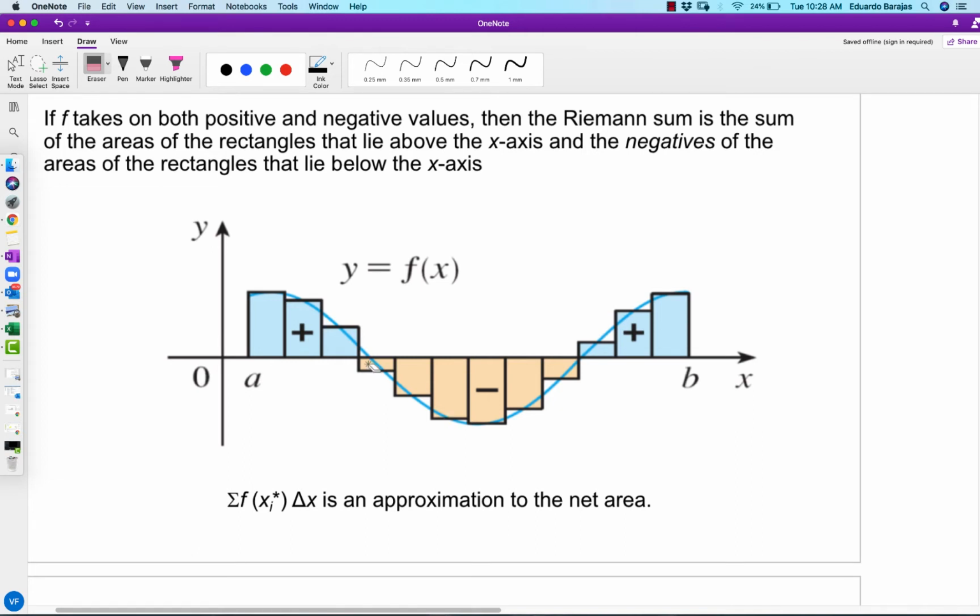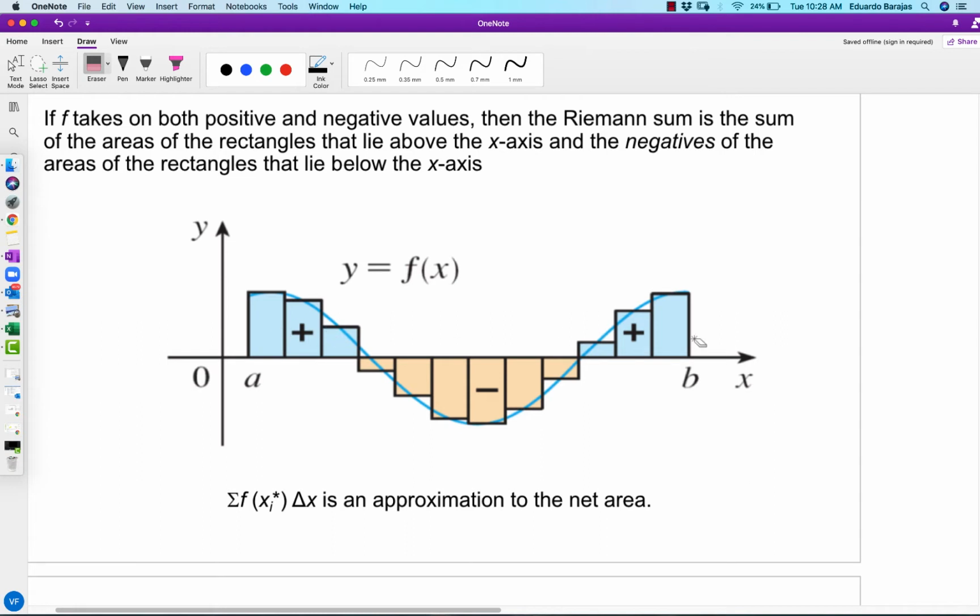Okay, so all the places where the function is negative, we're going to get negative answers for our rectangles. And if we add them all up, we'll have a negative number to represent the whole area below the x-axis, and all the ones that have positive outputs for f of x will result in positive areas depicted here in blue.